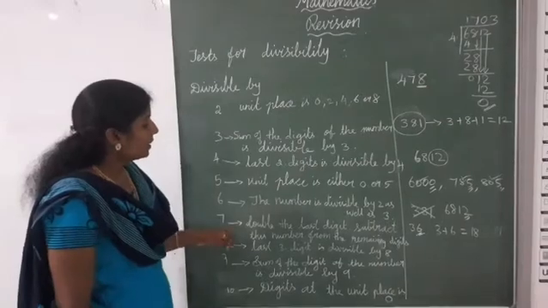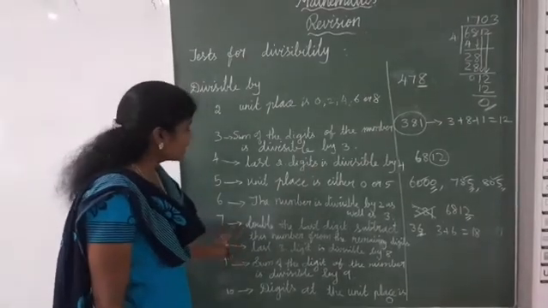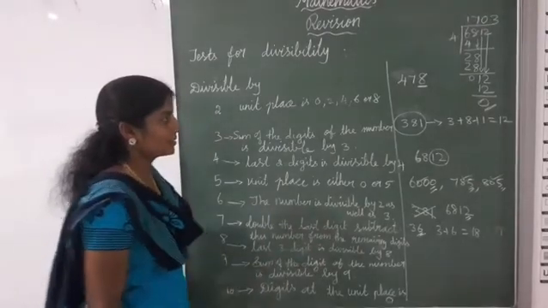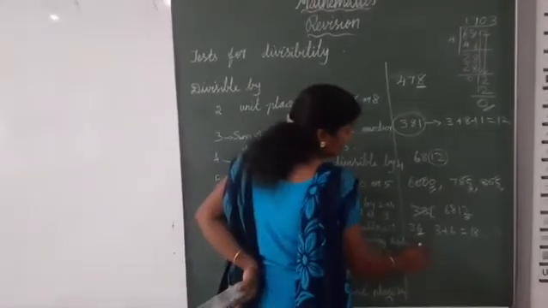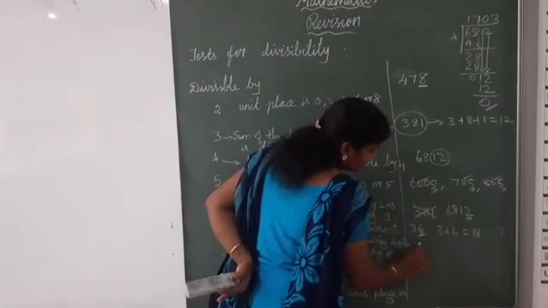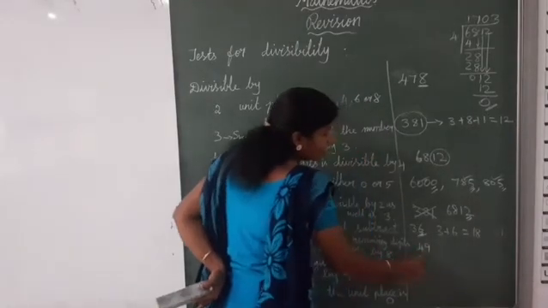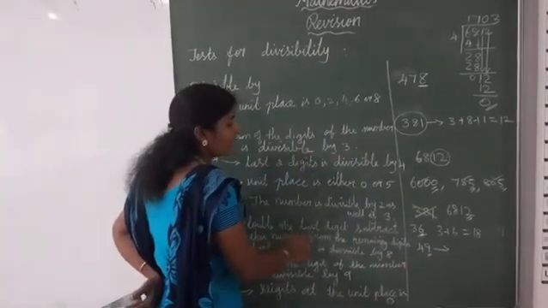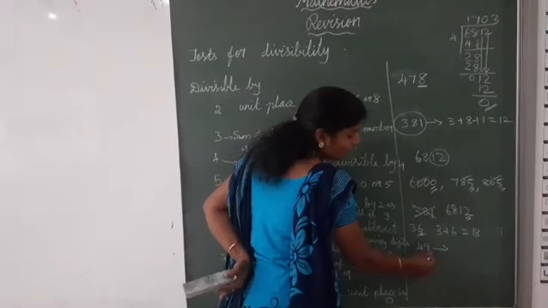Okay. Now divisible by 7 means double the last digit. Okay, double the last digit. Now we can take 49, for example. Now listen here. First, double the last digit. This is the last digit, 9.